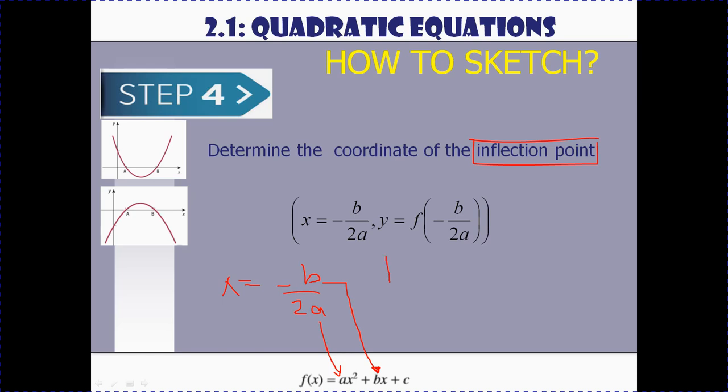Okay, this is x. How can I get y? It is very simple. After you find x, you will substitute the value of x, so you have x and the value of the function f of x. Suppose that x equals to 3, then you have to find f of 3. You substitute x equals to 3.